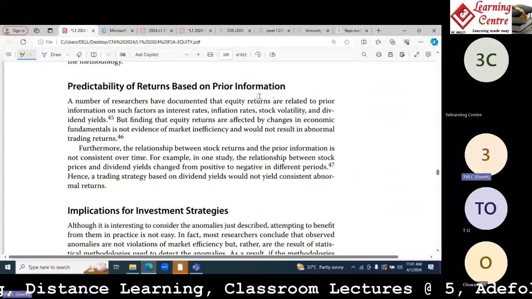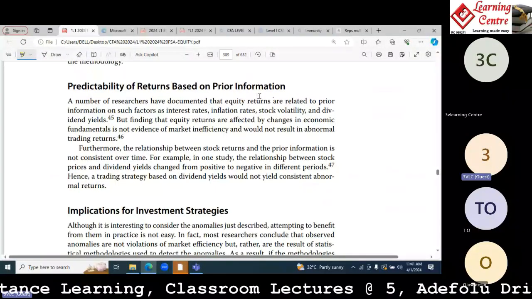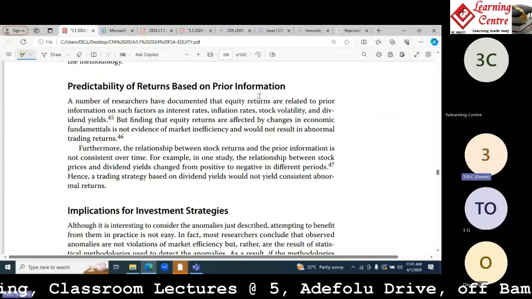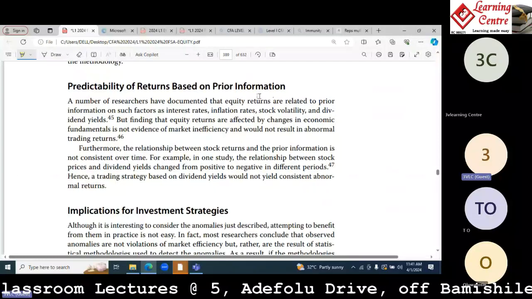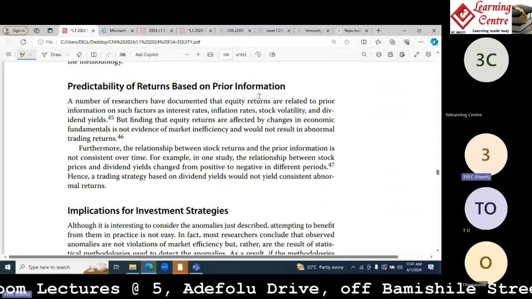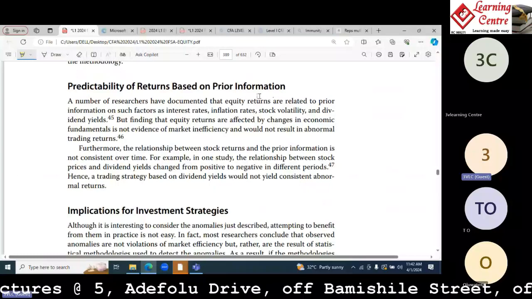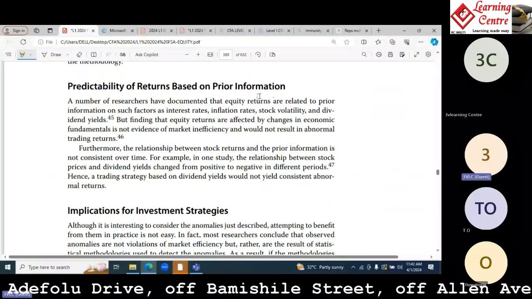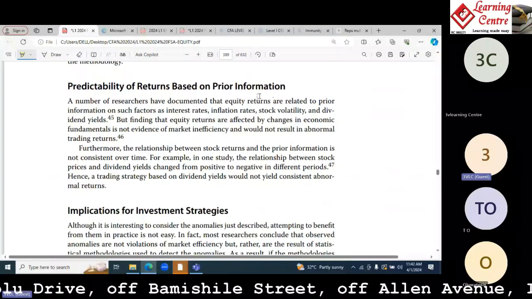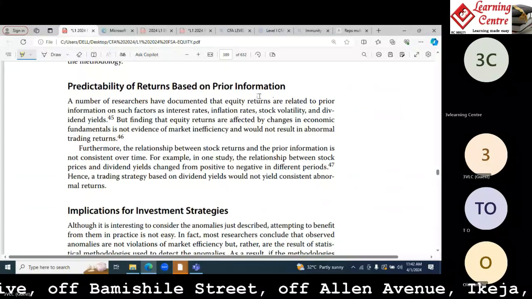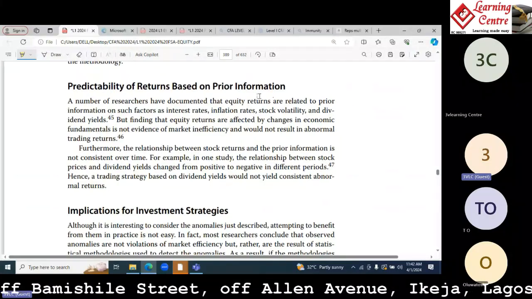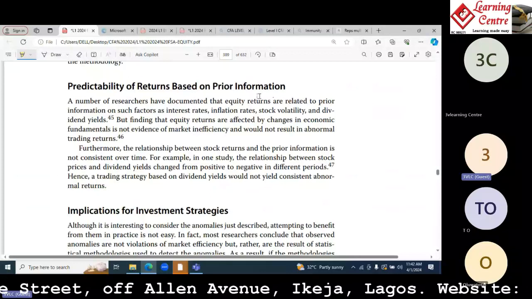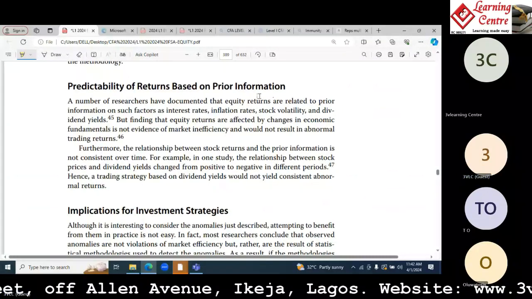So the curriculum says predictability of returns based on prior information. A number of researchers have documented that equity returns are related to prior information on such factors as interest rates, inflation rate, stock volatility, and dividend yield. But finding that equity returns are affected by changes in economic fundamentals is not evidence of market inefficiency and will not result in abnormal trading returns.